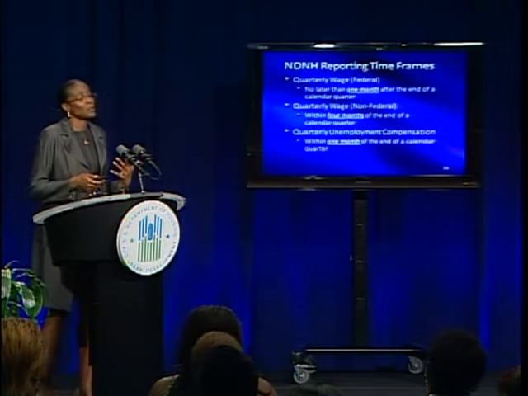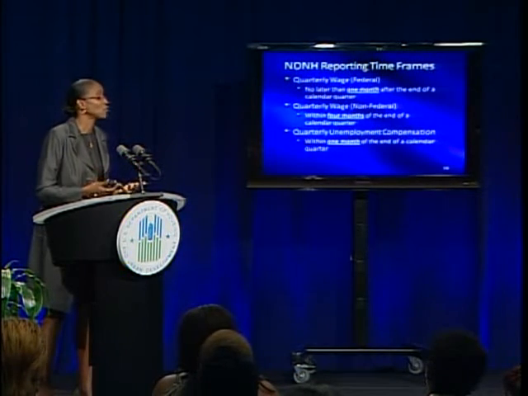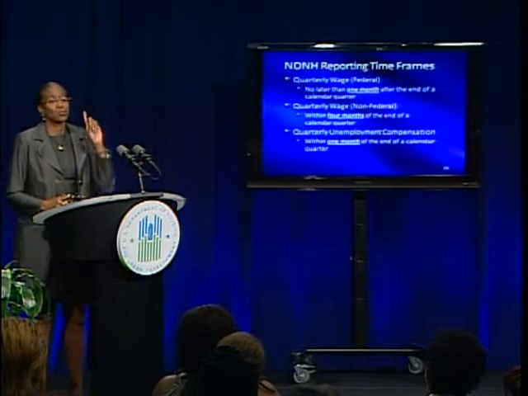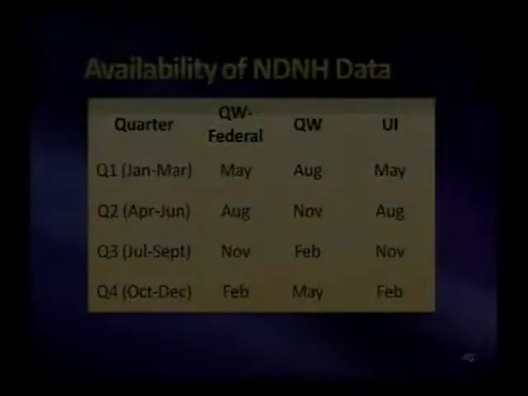The quarterly unemployment compensation, however, is on the same time frame as quarterly federal wage, where the state has 1 month to transmit the data for the unemployment. And so unemployment compensation, you will see quarter 3 2010 in November 2010.